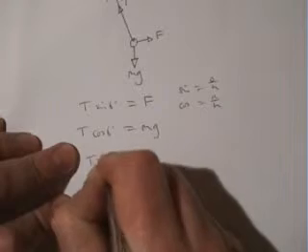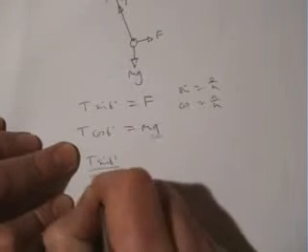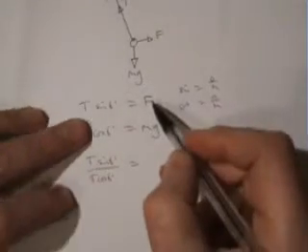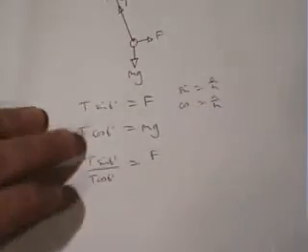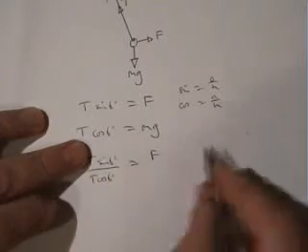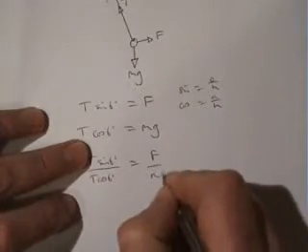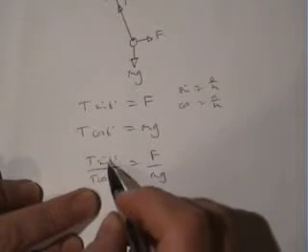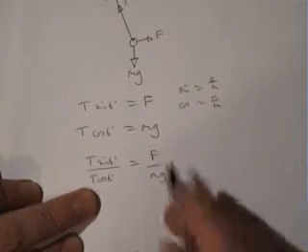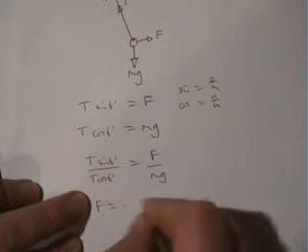So if we divide these two equations, T sine 6 degrees divided by T cos 6 degrees, well, since F is the same as T sine 6, I can put F, and since mg is the same as T cos 6, I can put mg there. So it does work to divide equations. The T's cancel, I get tan 6 degrees is F over mg, so F equals mg tan 6 degrees.